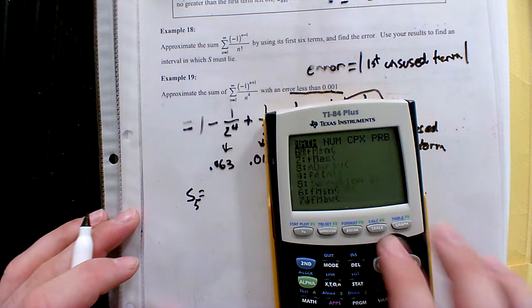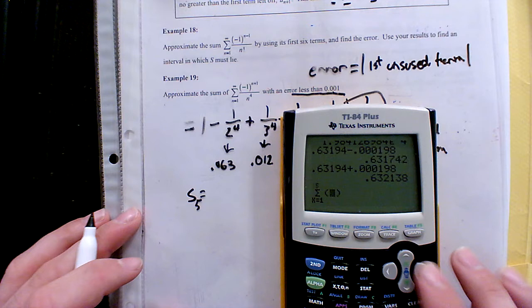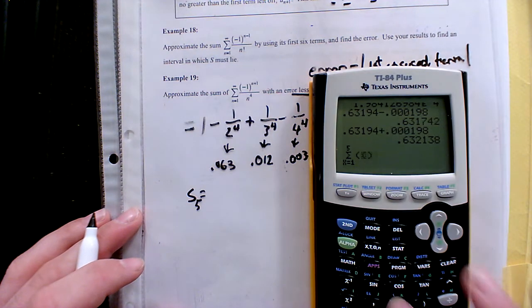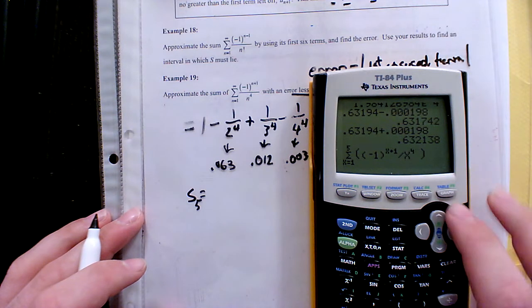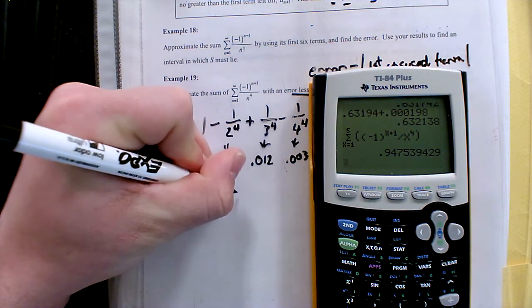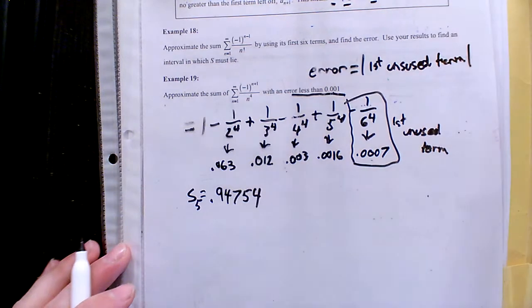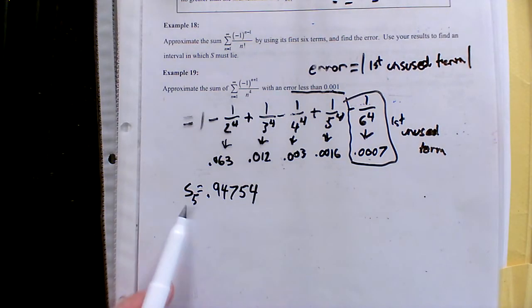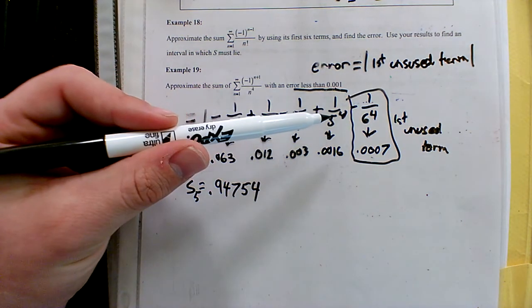Go to math. 0 is your summation. Okay, so the summation is 0.94754 up to the 5th term.